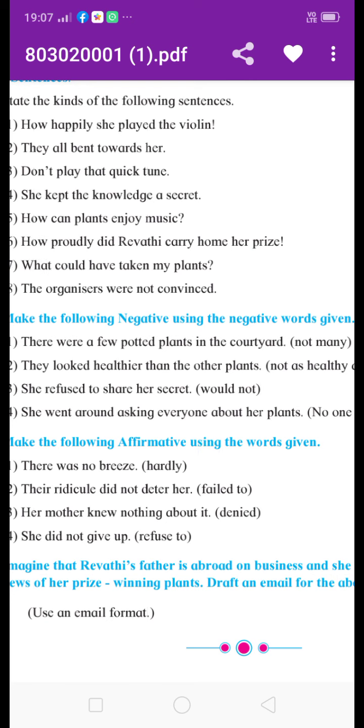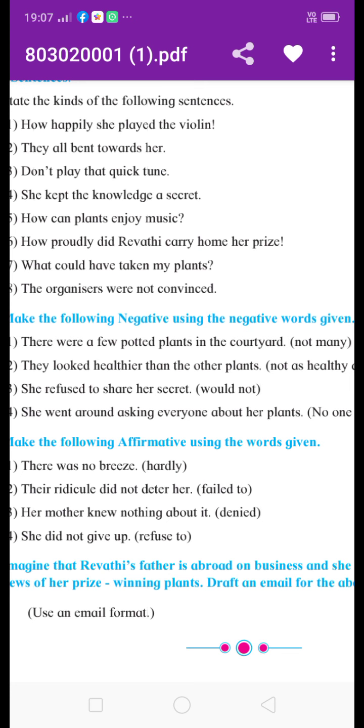How are we going to write? There were not many potted plants in the courtyard. We have to remove 'a few'. Instead of that, we can write 'not many', because we are going to change this into negative. There were not many potted plants in the courtyard.